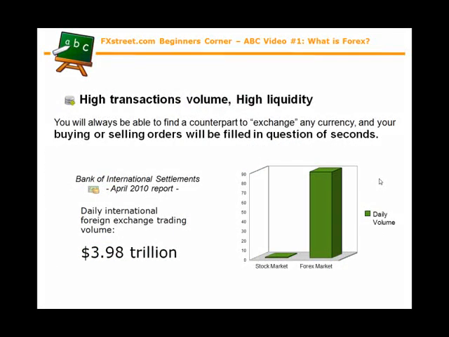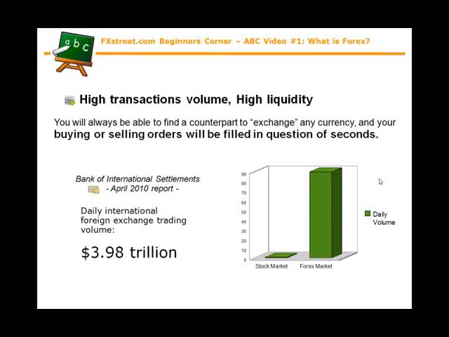When talking about high transactions volume and high liquidity, liquidity means that there is so much money around that you will always be able to find a counterpart to exchange any currency, and buying or selling orders will be filled in a question of seconds.